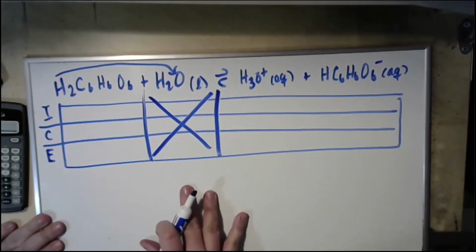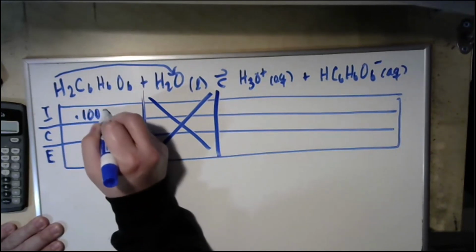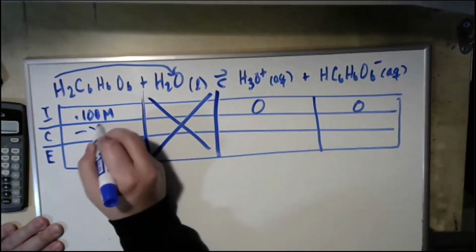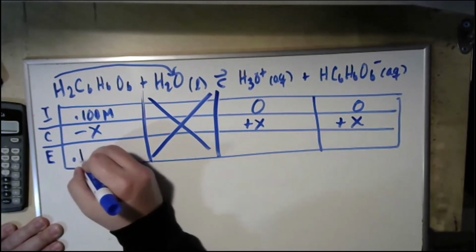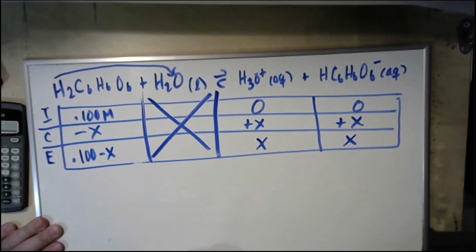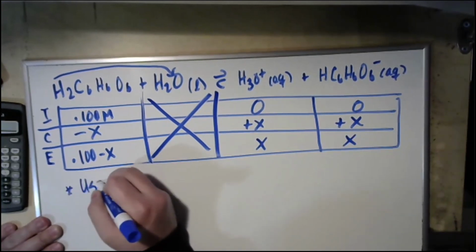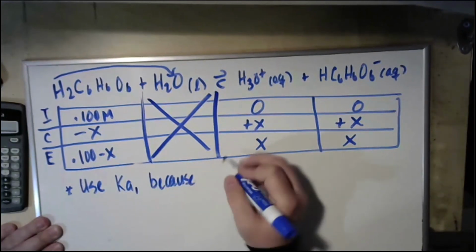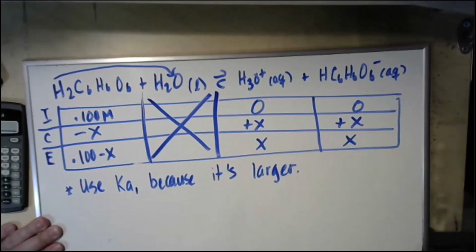We were told that we had 0.1 molar ascorbic acid, so our initial amount is 0.1, and we're going to use Ka1 because it's larger.